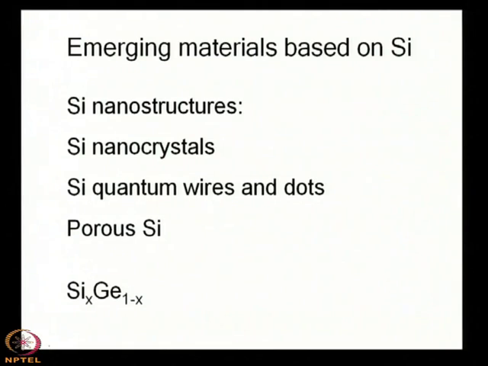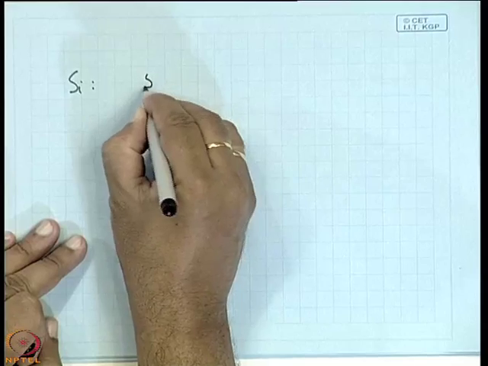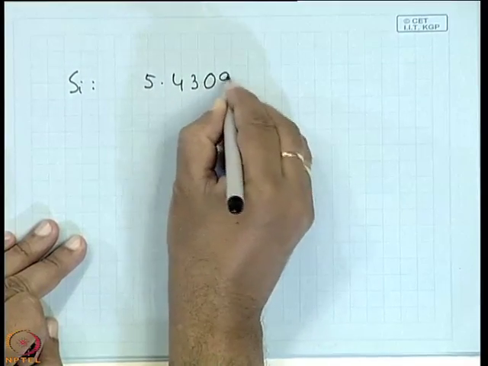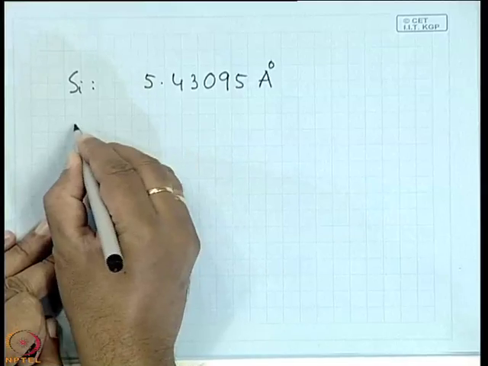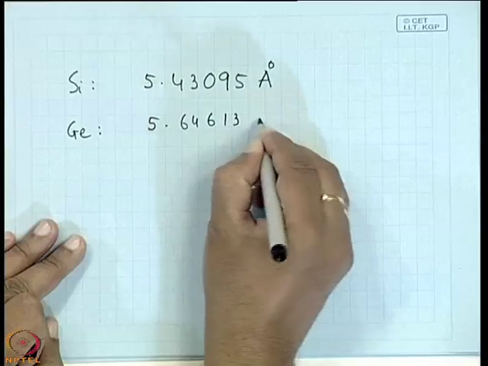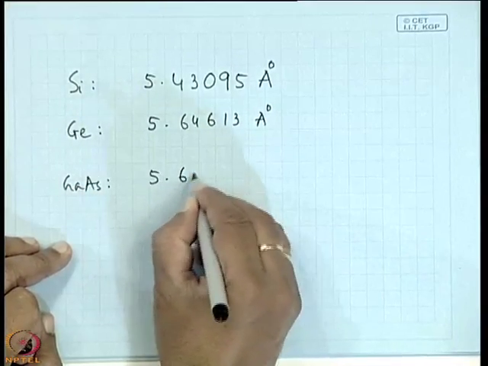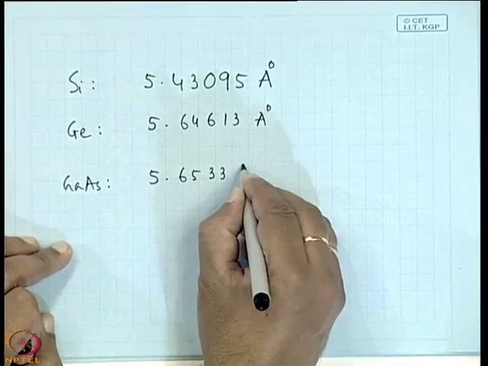The lattice constant of germanium and the lattice constant of gallium arsenide are the same. If I give you the values, you will find that the lattice constant of silicon is 5.43095 angstrom. The lattice constant of germanium is 5.64613 angstrom. The lattice constant of gallium arsenide is 5.6533 angstrom.